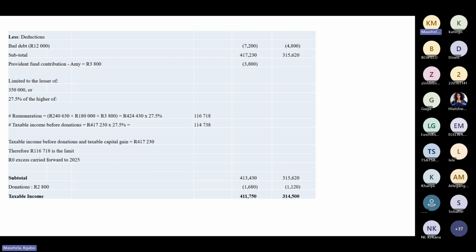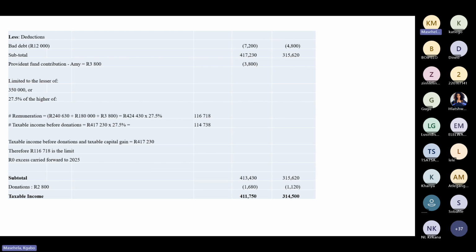You need to know it. Limited to the lesser. Once you say limited to the lesser of, that is a principal mark. 350,000 or 27.5%. You will see in your test one, we gave marks for this. These are easy marks. Remuneration, 240, 180 plus 38.